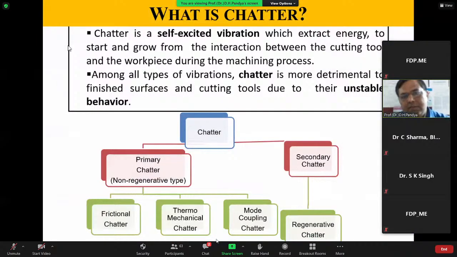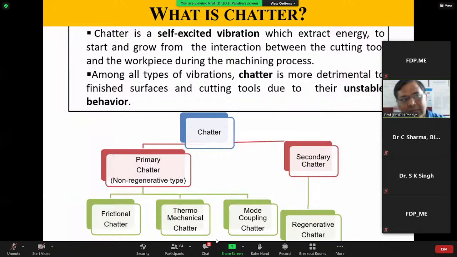As I discussed, chatter is a self-excited vibration which extracts the energy to start and grow from the interaction between the cutting tool, workpiece, machine tool, and all other interacting components of the machine tool.